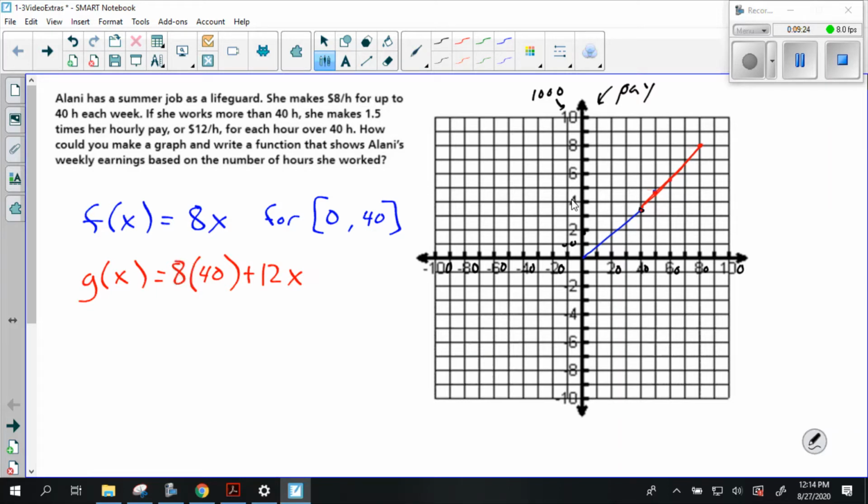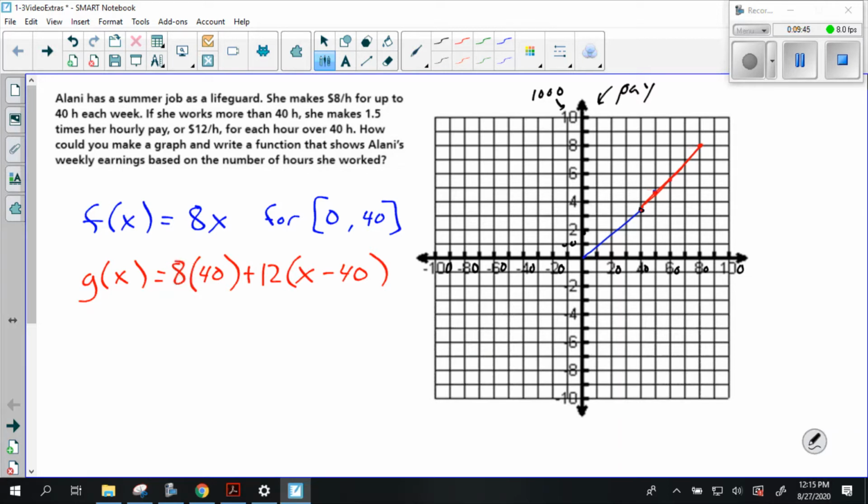What we want to do is take into account that we're only multiplying times 12 for values of x that are greater than 40, right? So if we go ahead and consider this to be 12 times x minus 40, what's going to happen, right?